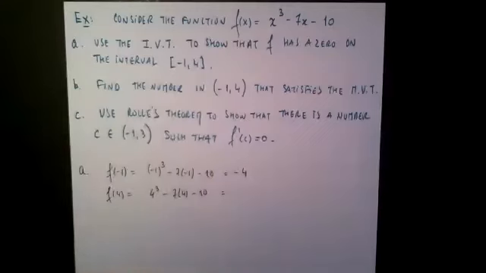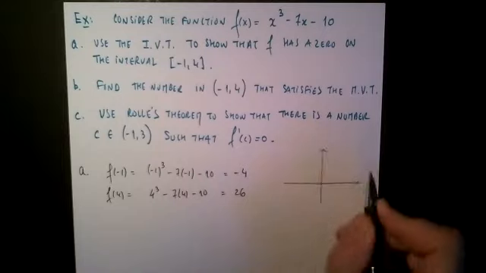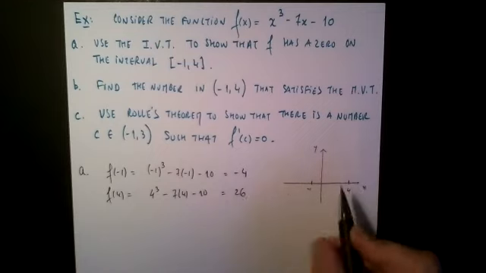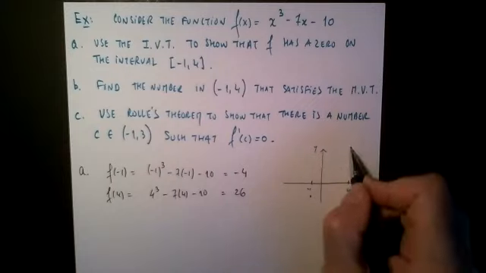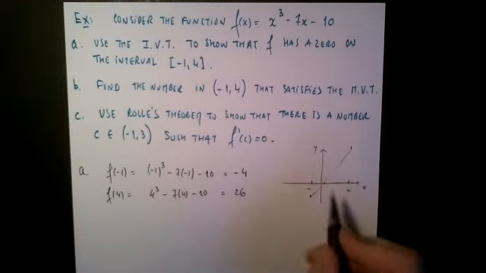And that's what? 64 minus 28, and minus 10, so it's 26. So at -1, it's -4, and at 4, it's 26. So definitely the function, as you see, crosses the x-axis at one point, so there's a 0.